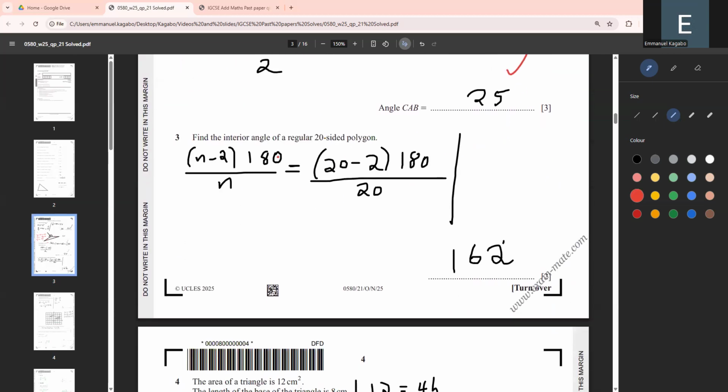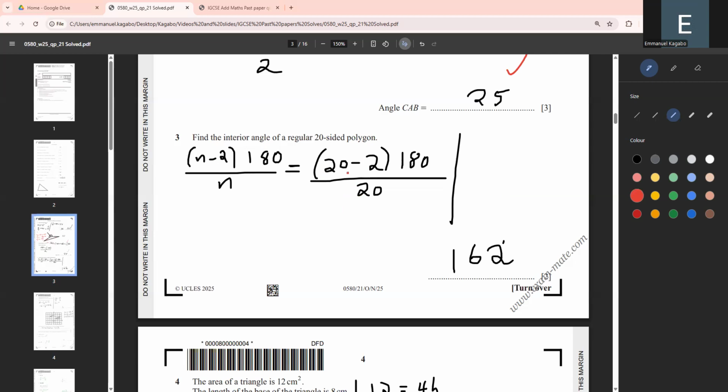Okay, very good. Find the interior angle of a regular 20-sided polygon. This is the formula to find the sum of all interior angles: the number of sides, n, minus 2, times 180. Because I'm looking for one angle and they're all equal, I divide by n, the number of sides. So it will be 20 minus 2, times 180, divided by 20.